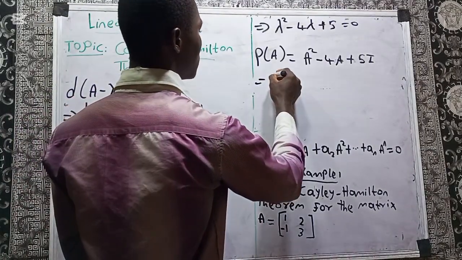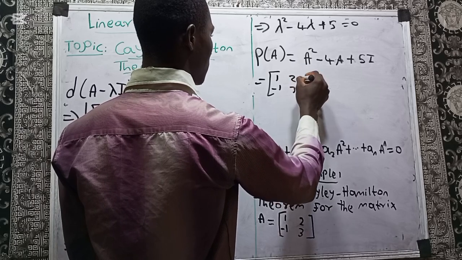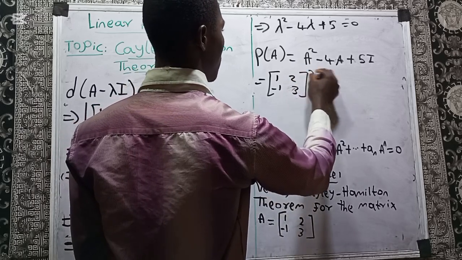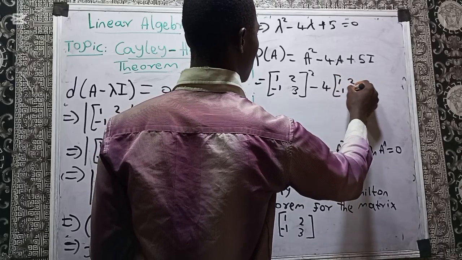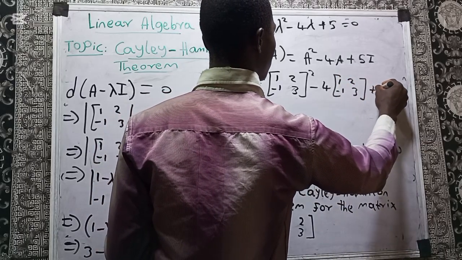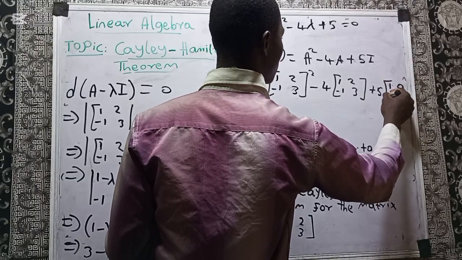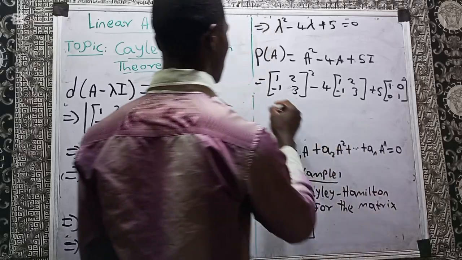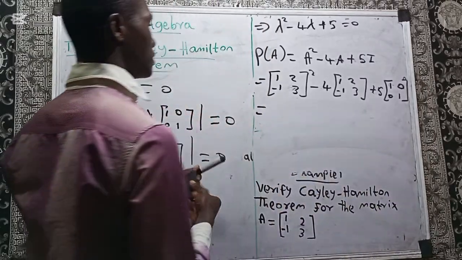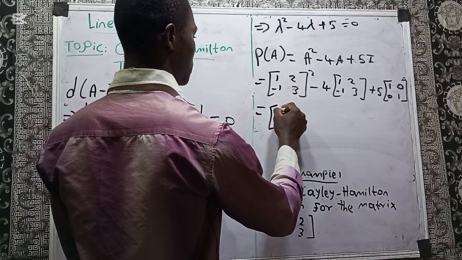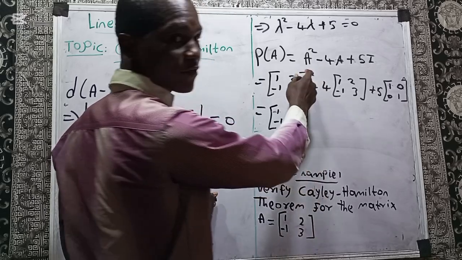Let's check. A is 1, negative 1, 2, 3, squared, minus 4 times 1, 2, negative 1, 3, plus 5I. The identity matrix will be 2 by 2 because our matrix A is 2 by 2. So let's quickly expand this. This will be 1, negative 1, 2, 3, because we're having squared, right?